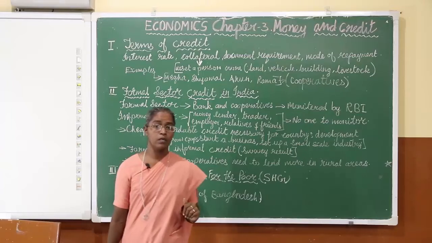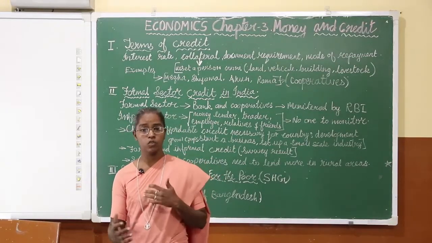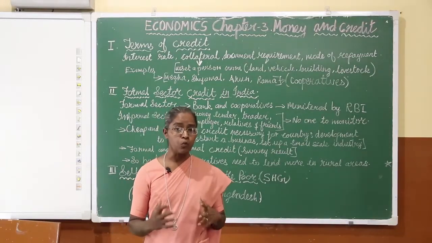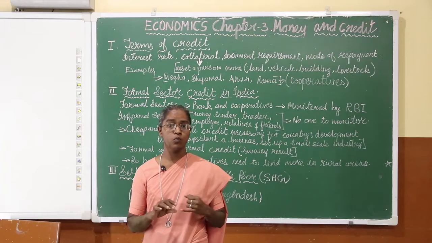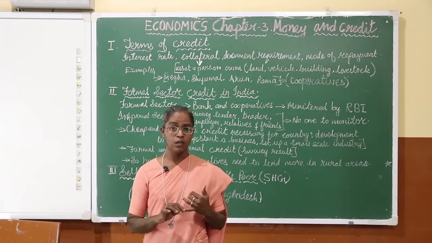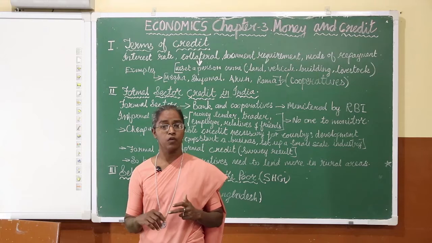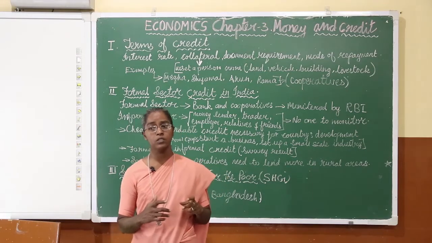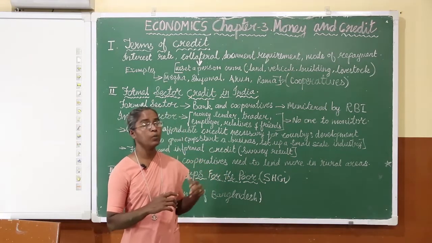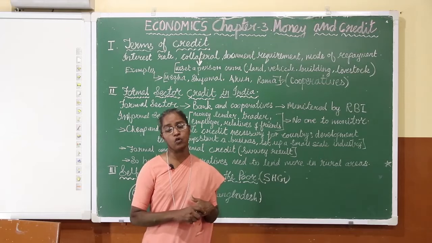Next one is collateral. What collateral does she have to produce before the bank as a proof? She has to produce the job which she is doing, the salary information, how much salary she is receiving, and the papers of the house which she is going to buy.